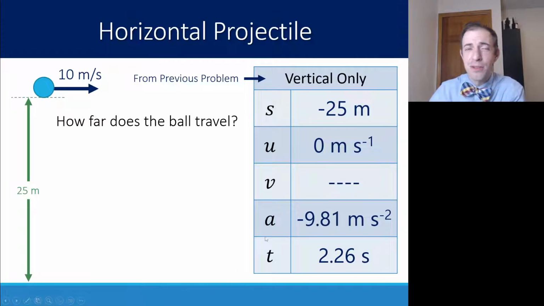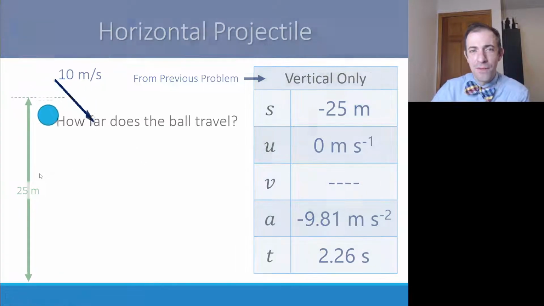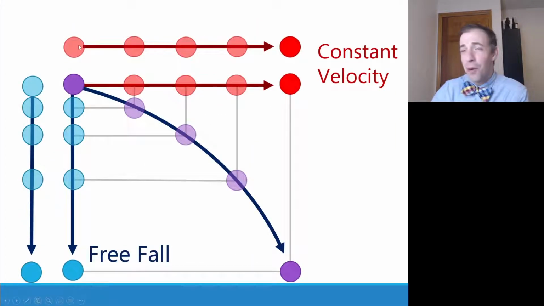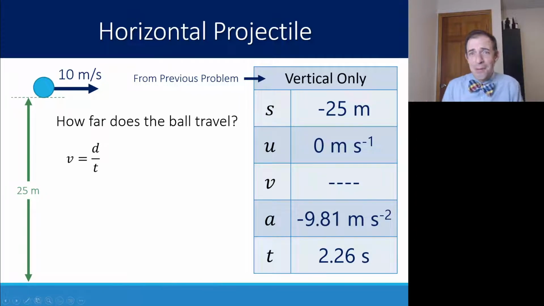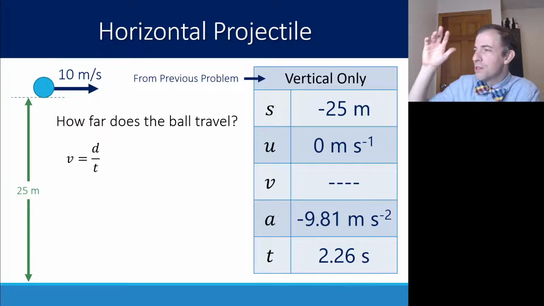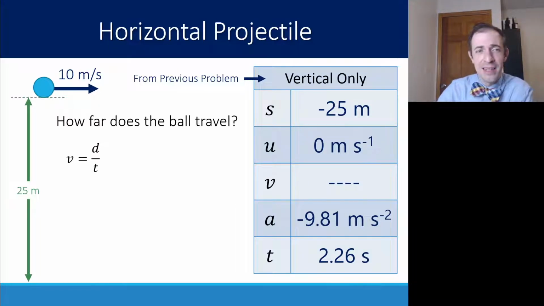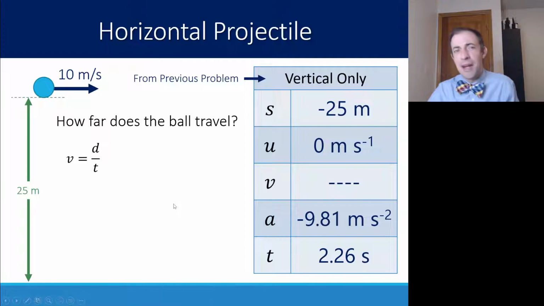Cool. That's going to be useful to us because we know from this that horizontally it's moving at a constant velocity the whole time. And we started at 10 meters per second, so it's always going to move 10 meters per second horizontally, which means we can use our information for velocity. That's a constant velocity, not accelerating. We don't need suvat because there's no acceleration in the horizontal direction. We just say that velocity, that 10 meters per second, is the distance that it travels divided by the time.